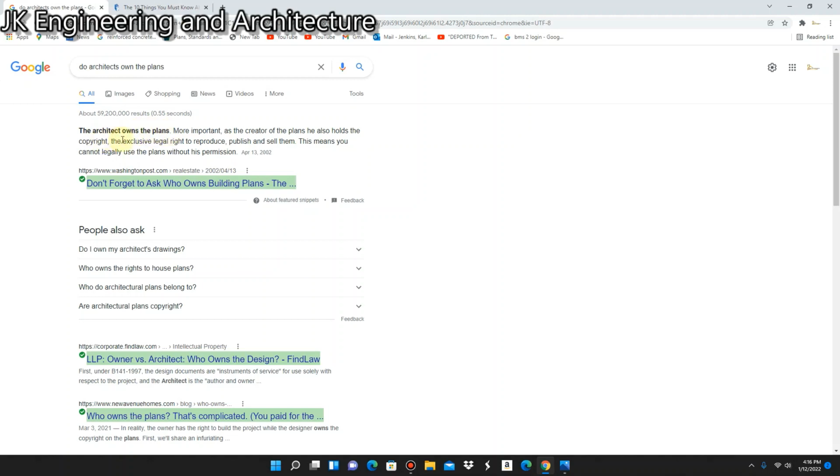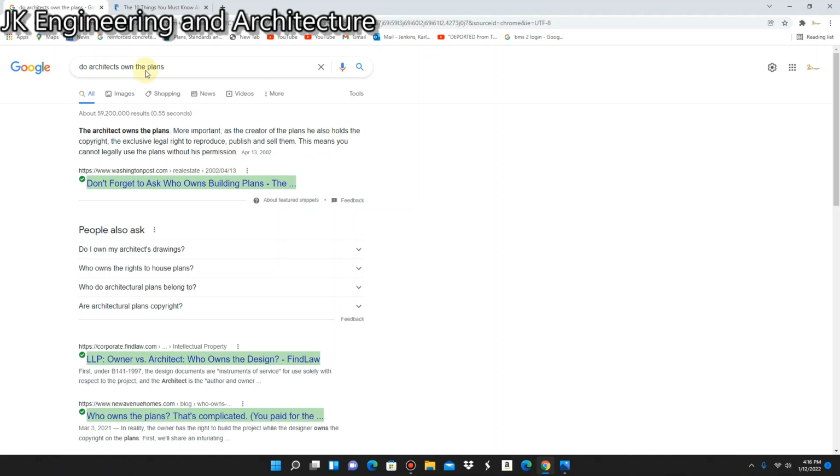Let me repeat, the architects own the plan. More important, as the creator of the plans, he also owns the copyright, the exclusive legal right to reproduce, publish, and to sell them. This means you cannot legally use the plans without his permission, meaning the architect's permission.